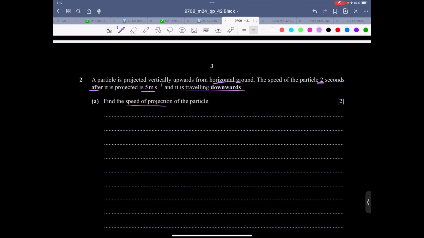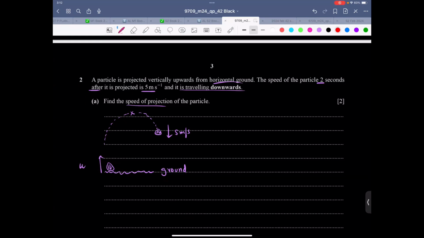Now, what is happening is that, let's say this is the ground level. The particle is thrown from this level up with a speed of u meters per second. It travels up. It reaches its maximum height. On the way down, somewhere over here, the speed is 5 meters per second. It's acting downwards.